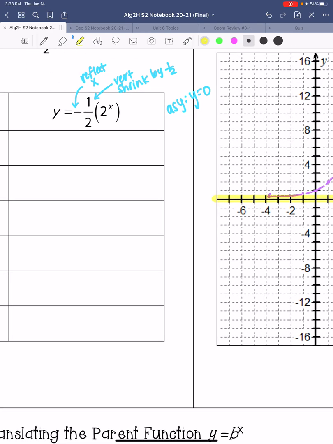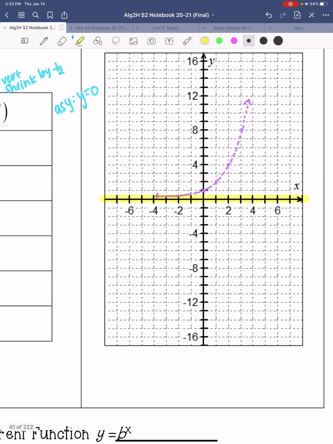All right, so with this graph, we can continue to use the t-chart method, totally fine. Or since we already have our parent function, we can graph it just using our transformations. I'm going to do that, and then we'll go back and fill out that t-chart. So for this guy, the first thing is it's going to reflect. So it's now going to go this way.